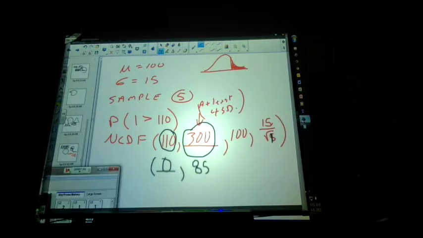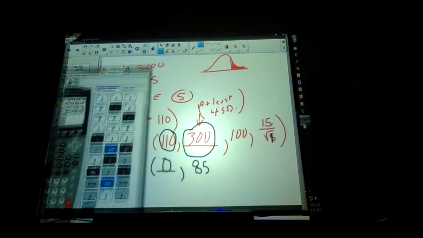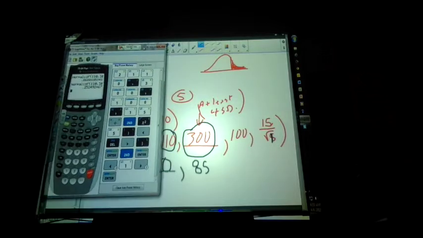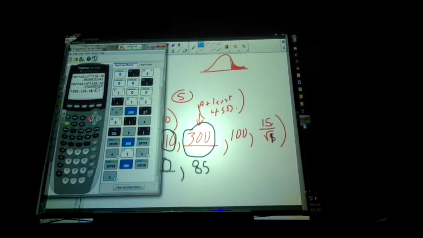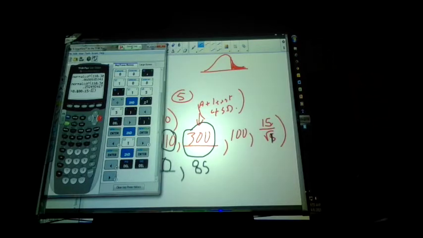So on the calculator, if you change your lower bound, in this case, to 0, everything's staying the same except I'm going to change the 100 and the 300. I'm going to change the 300 just to 0. I'll change the 100 to 85.